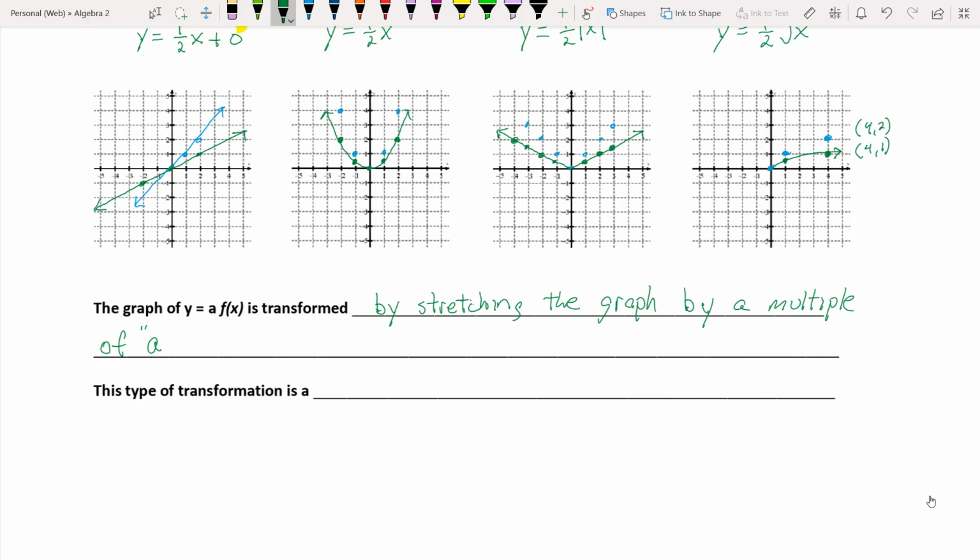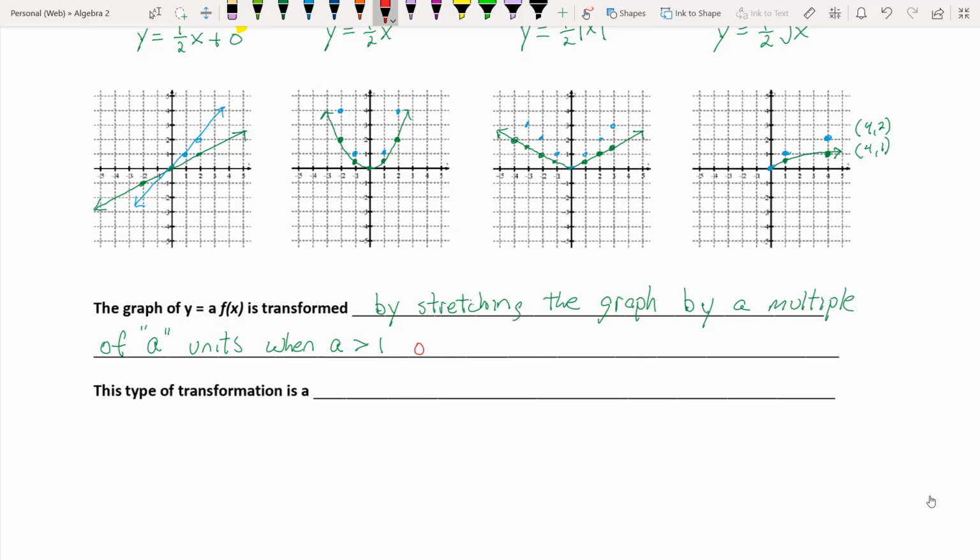Okay, so a is the number in front, a units, when a is greater than 1. That's the example we saw up above. It was a 2x. So everything doubled the distance. If it would have been 3x, it would have tripled the distance.